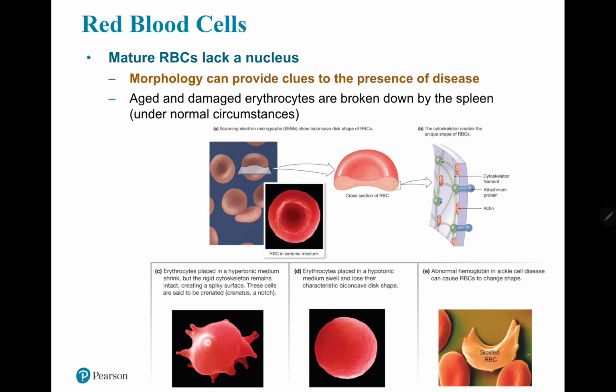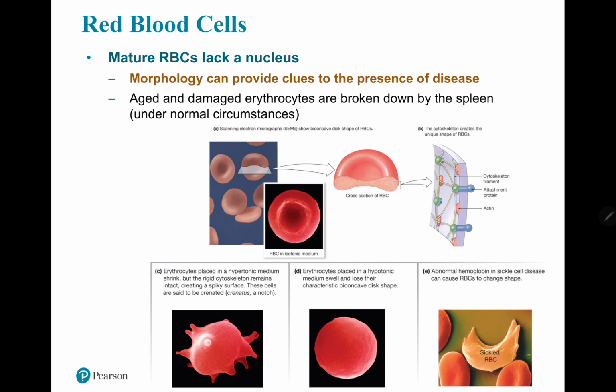Now, red blood cells, when we're just simply looking at their anatomy, look like these biconcave discs, almost like jelly donuts without the jelly part in the middle, right? And it's because a mature red blood cell is going to lack a nucleus, right? However, because they're shaped so specifically, their morphology can definitely provide clues to the presence of a disease, right?